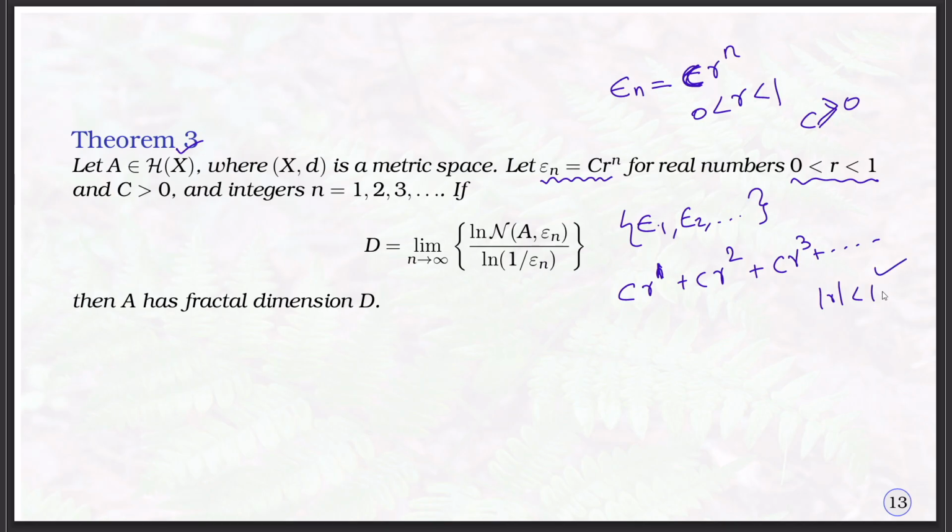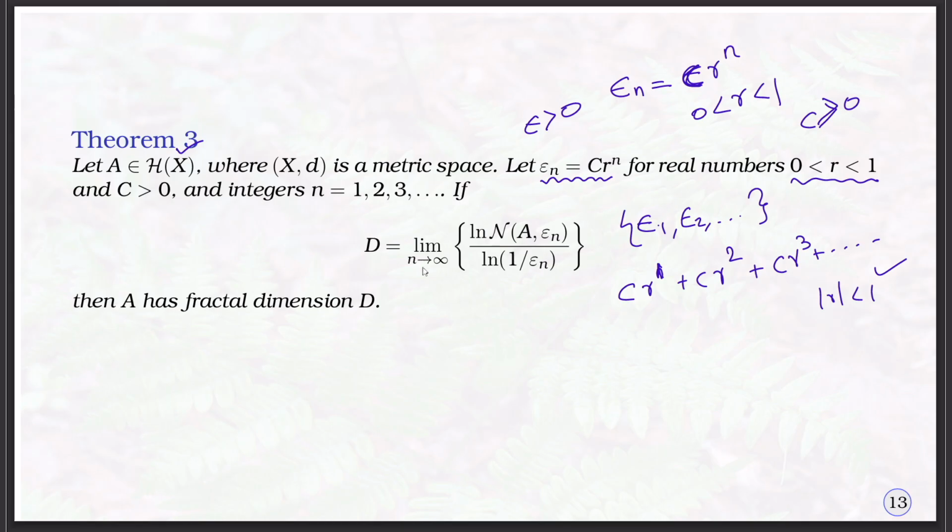So, instead of choosing an arbitrary epsilon greater than 0, if we choose epsilon in this nice sequence, one can estimate the fractal dimension, which is equal to our definition. In this way one can find the fractal dimension of the given set A.